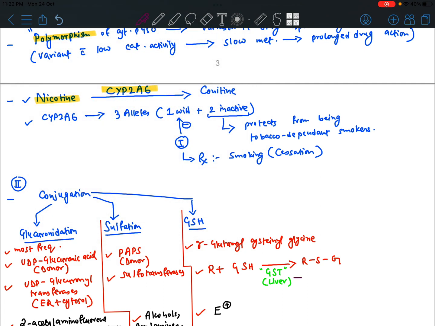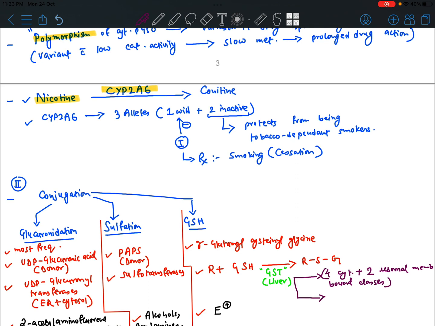It has 4 cytosolic plus 2 microsomal membrane bound classes.